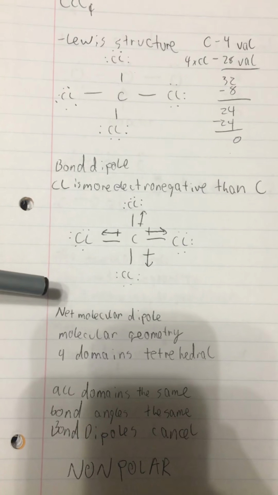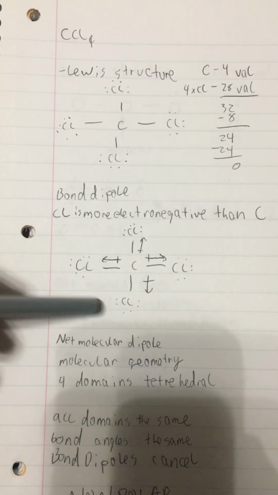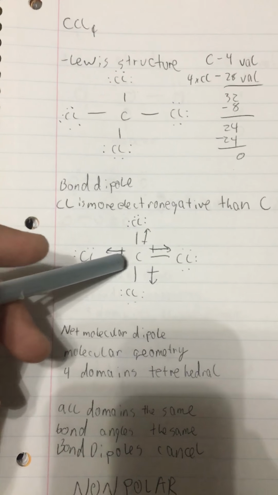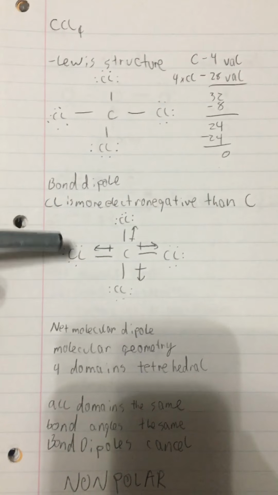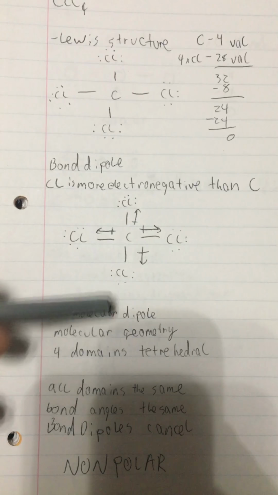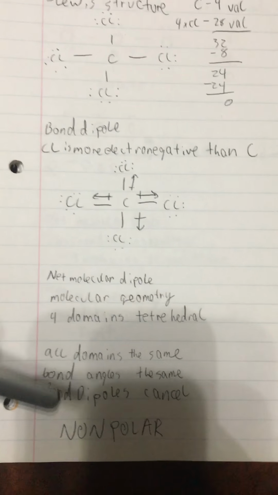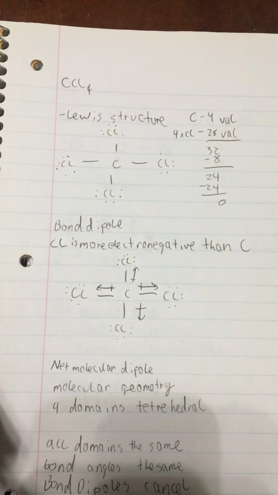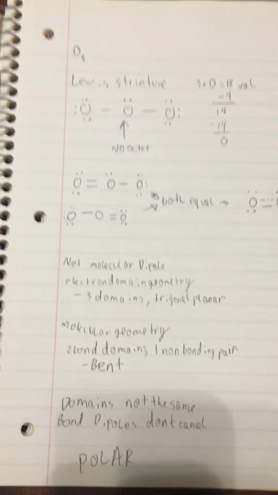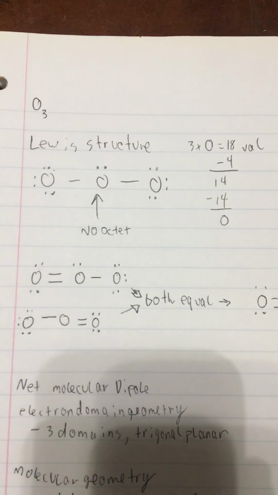Then the molecular geometry is tetrahedral because it has 4 domains. Since all the domains are the same, the bond angles are the same, and the bond dipoles cancel. CCl4 is nonpolar.